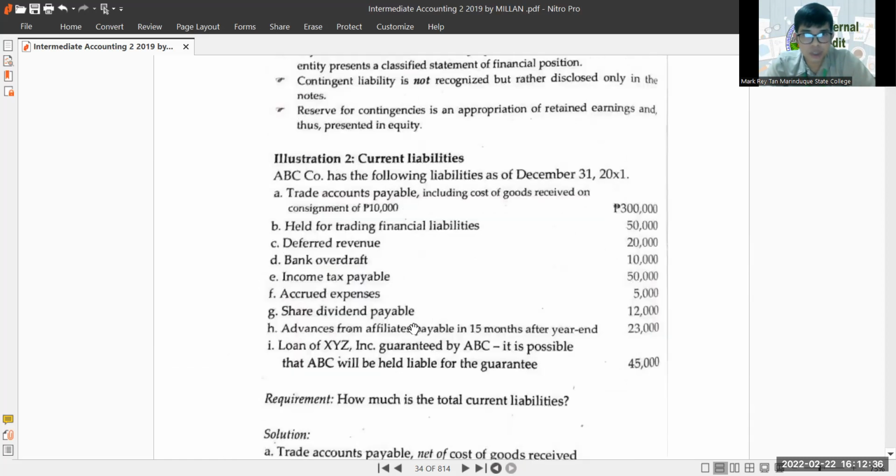I-highlight ko na lang. Ba't ako nawindang sa deferred revenue? Hindi ko alam kung mistake ko ito or hindi lang ako nagbabasa masyado ng accounting books for a long time. Ito talaga yung naalala ko. Normally kasi diba sa accounting, when we do not know the word, anong ginagawa natin? We look up the word sa dictionary. When we say deferred, that is almost the same with unearned.